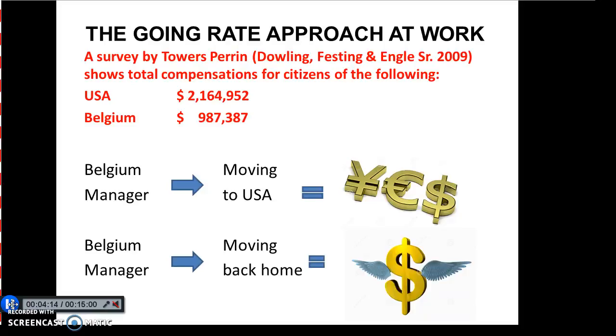So in our example, a manager moving from Belgium to the US will definitely accept a package for expatriation, whilst a Belgian manager moving back home would be at a disadvantage because their salary will definitely decrease because of the amount of the home pay.